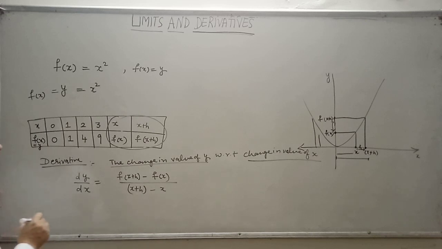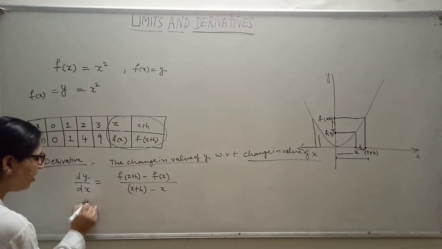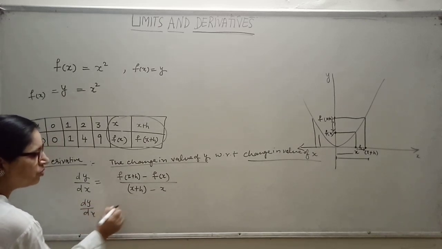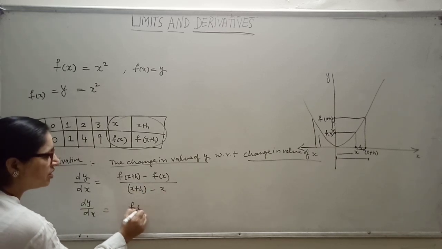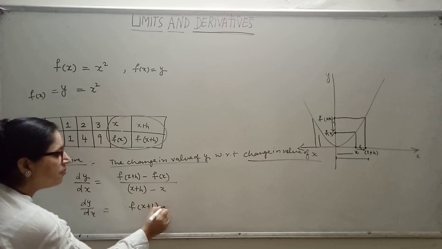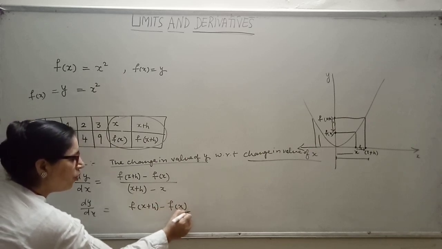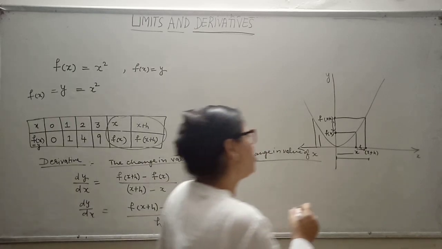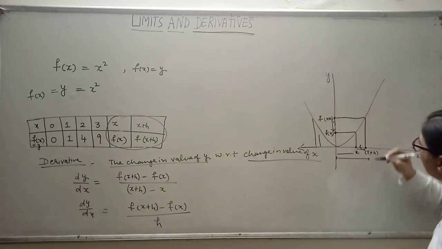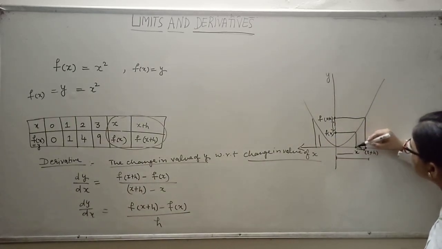So now it would become dy by dx is equal to, this x will be cancelled by this minus x. So you will be left with f(x plus h) minus f(x) upon h. If we make this h very small, if we keep on decreasing this, it is negligible.